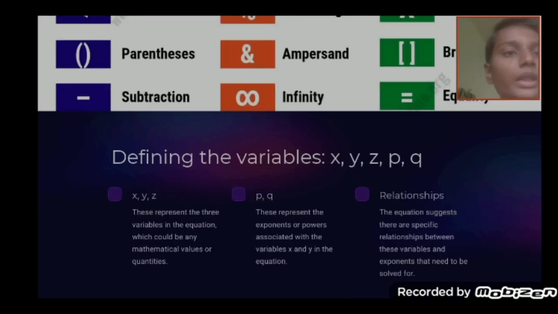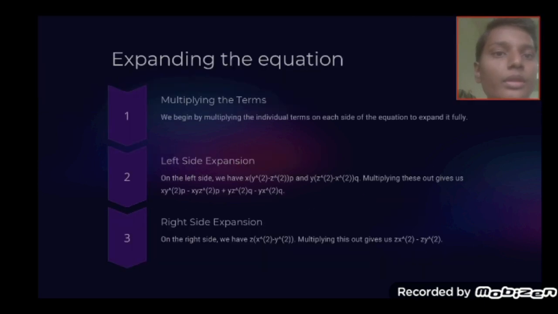Defining the variables x, y, z and p, q. x, y, z represent the three variables in the equation, which could be any mathematical values or quantities. p and q represent the exponents or powers associated with the variables x and y in the equation. Relationships: the equation suggests there are specific relationships between these variables and exponents that need to be solved for.